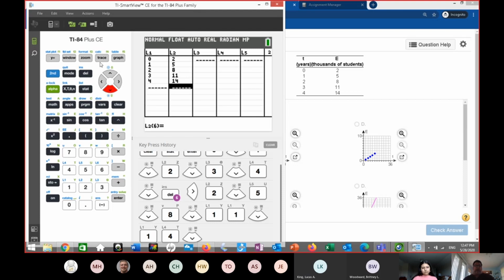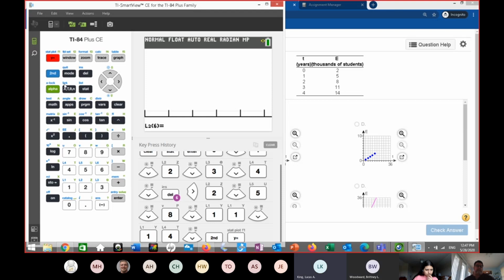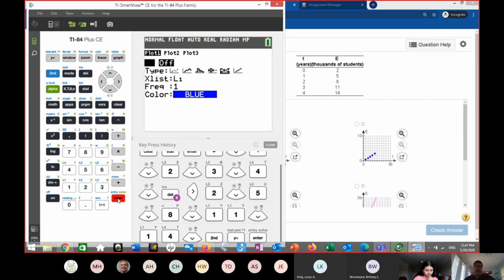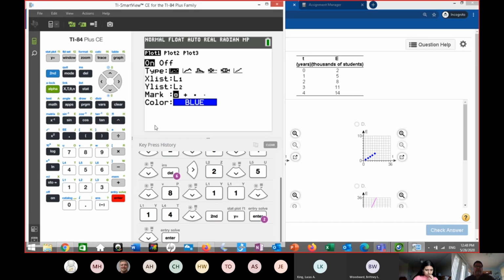Now they want you to do a scatter plot. So you hit second, y is equal, see it says stat plot. And you hit the enter button because you want to turn number 1 on. I'm going to pick the scatter plot, which is the first one. Hit enter. And it's going to default to L1 and L2.